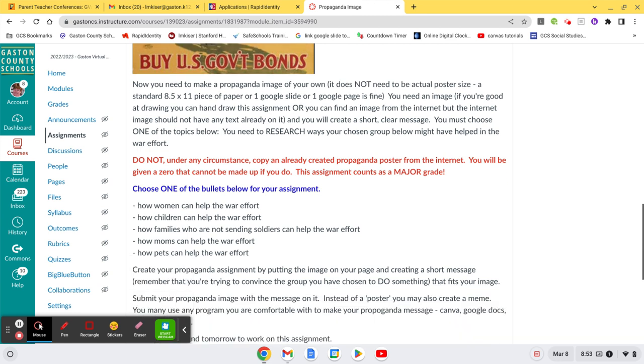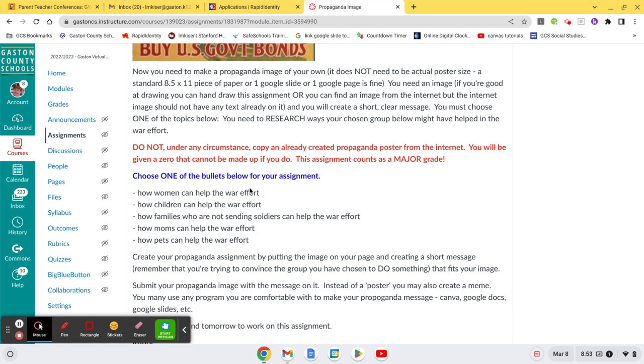How will I know? Because you must aim your propaganda at one of these groups here. All right. So if you say you want to choose a message and an image to try to persuade women to help the war effort, you might have to do a little bit of research. How could women help in World War I or World War II for that matter? In some cases, they might talk about gardening.